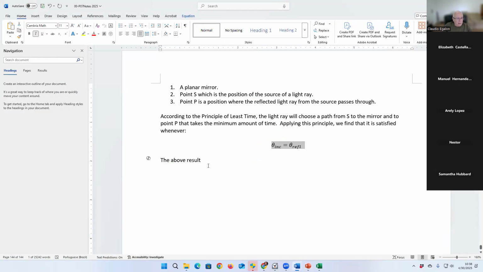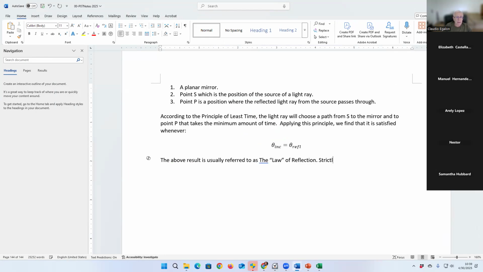The above result is usually referred to as the law of reflection.